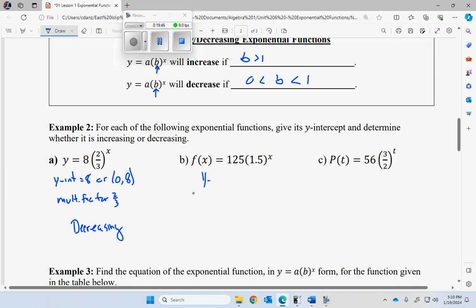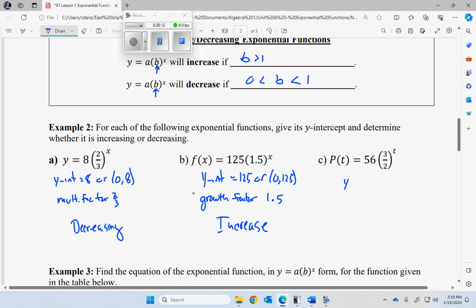On part B, the y-intercept is 125, or we can name it as a point 0, 125. And the growth factor, notice how right away I just called it a growth factor, is 1.5. It is growing, so it's increasing because 1.5 is greater than 1.